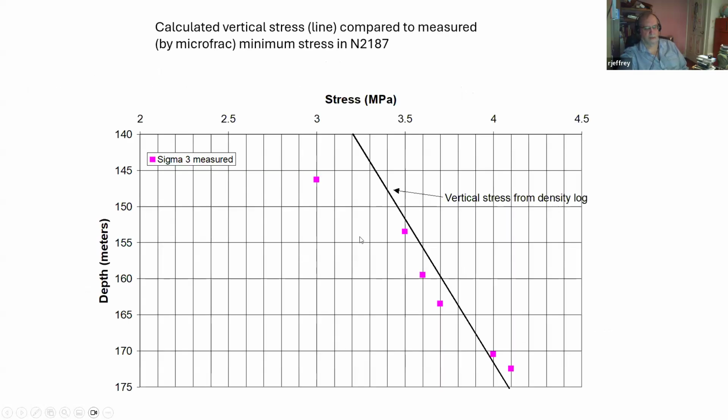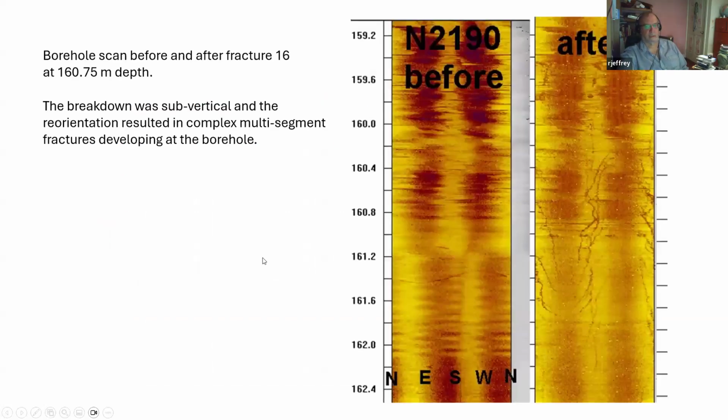So we had microprac measurements, which agreed with the overburden, the vertical stress inferred from the density log, more or less, but didn't give us any information that was useful about maximum or intermediate stresses. And before and after fracturing in this borehole, we ran an acoustic televiewer log to look at the borehole condition.